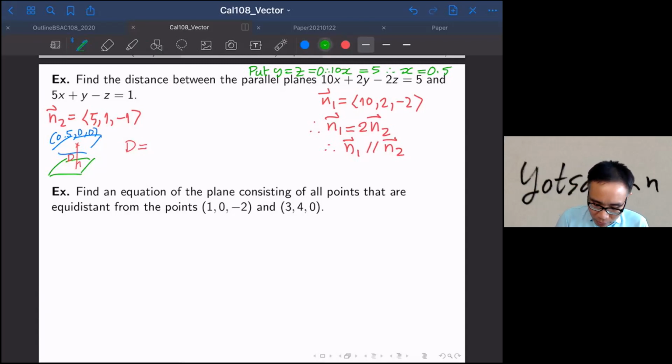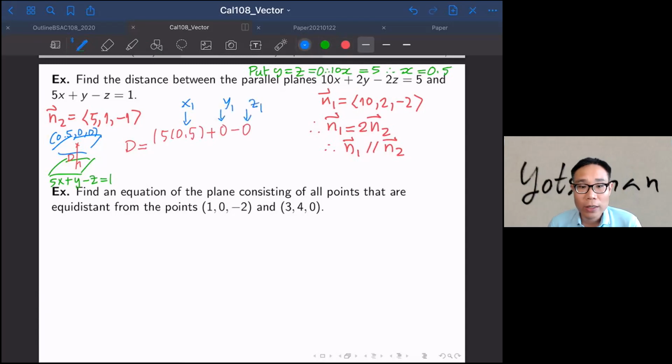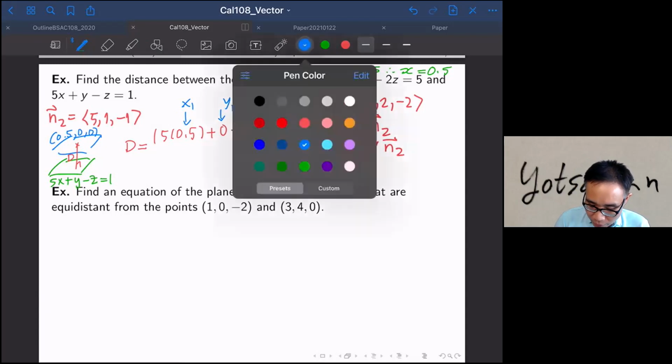And you have the equation of the bottom plane, which is 5x plus y minus z equal to 1. So the distance d is going to be the absolute value of 5 times 0.5 plus 0 minus 0. Okay, so this is your x1, y1, and z1 respectively, and you're going to have minus 1.